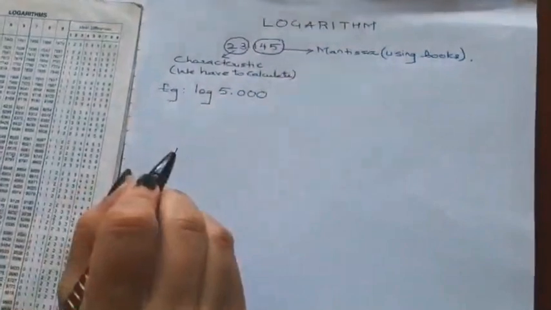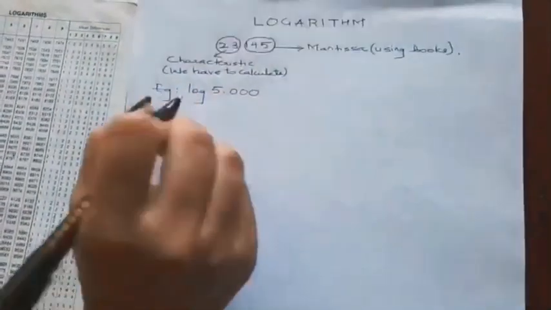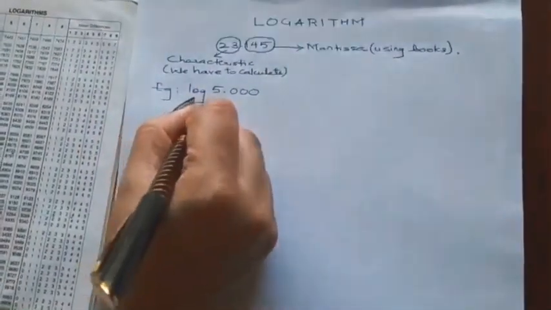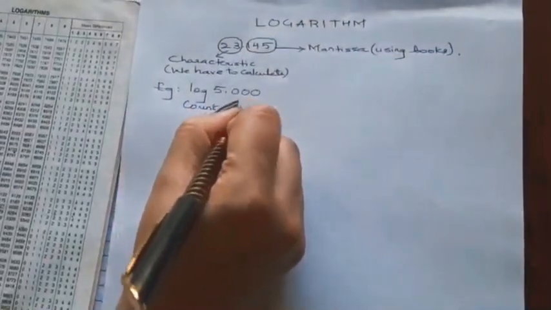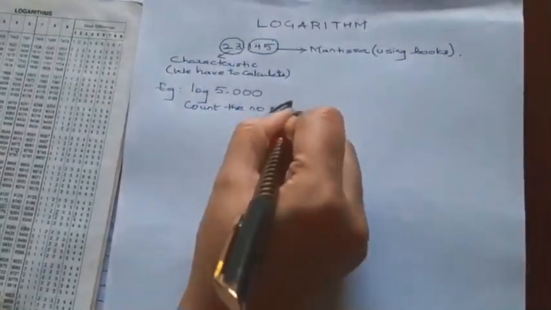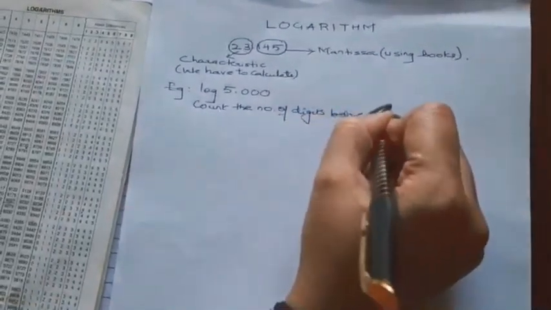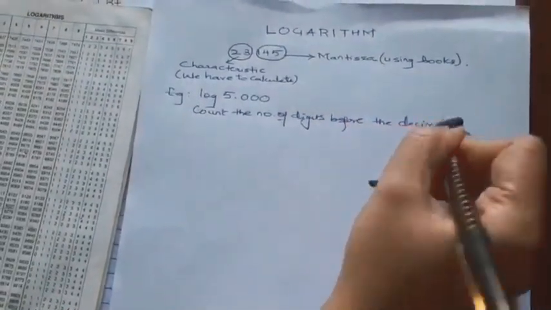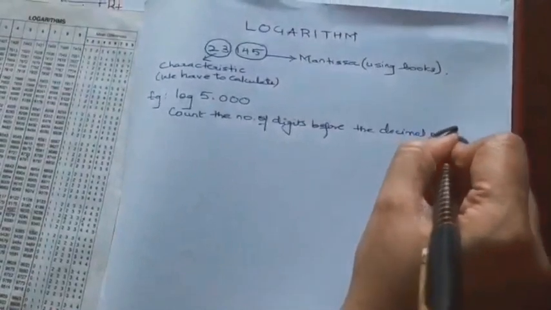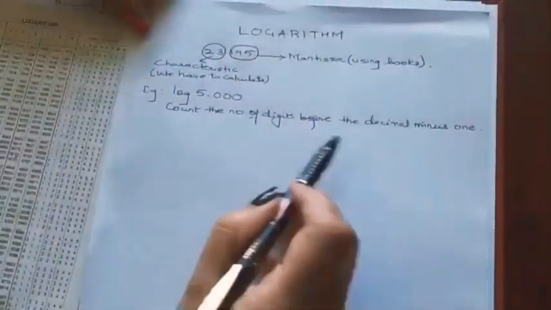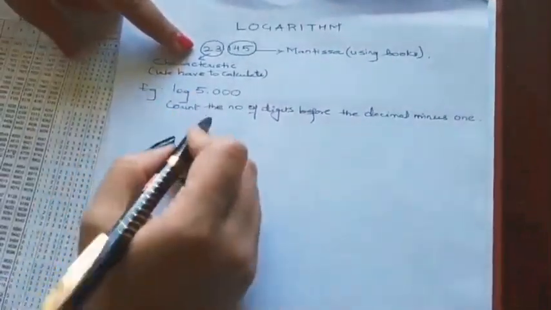To write the characteristic, remember one rule: count the number of digits before the decimal and minus 1 from it.